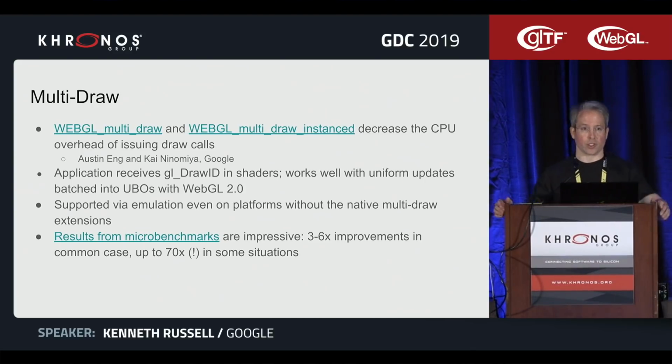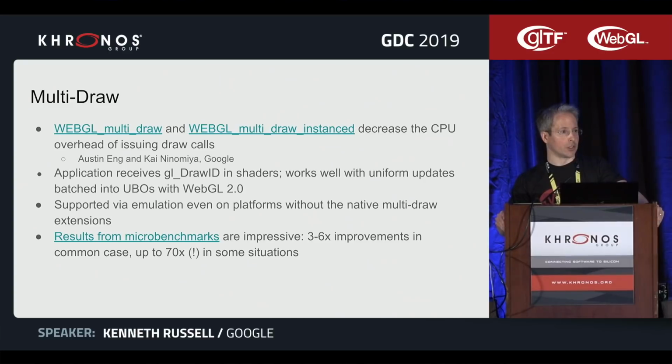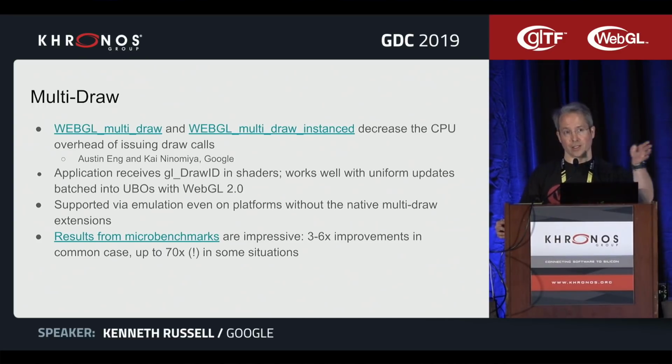Effectively, the application receives a GL draw ID variable in its shaders, and you can index into, for example, large arrays. So you can pass down a uniform buffer object in WebGL2 and send your per instance data in there, or per draw call data in there, and then just index into the array based on GL draw ID.